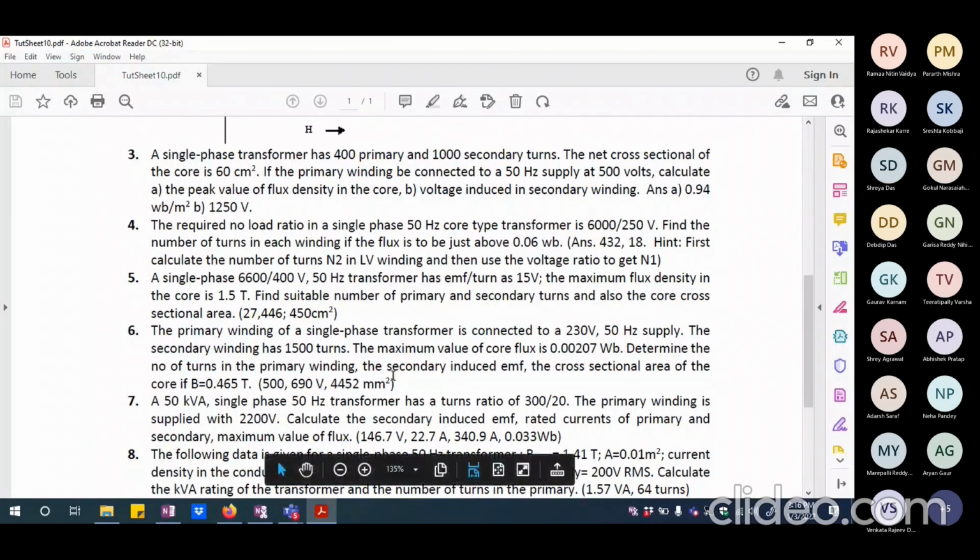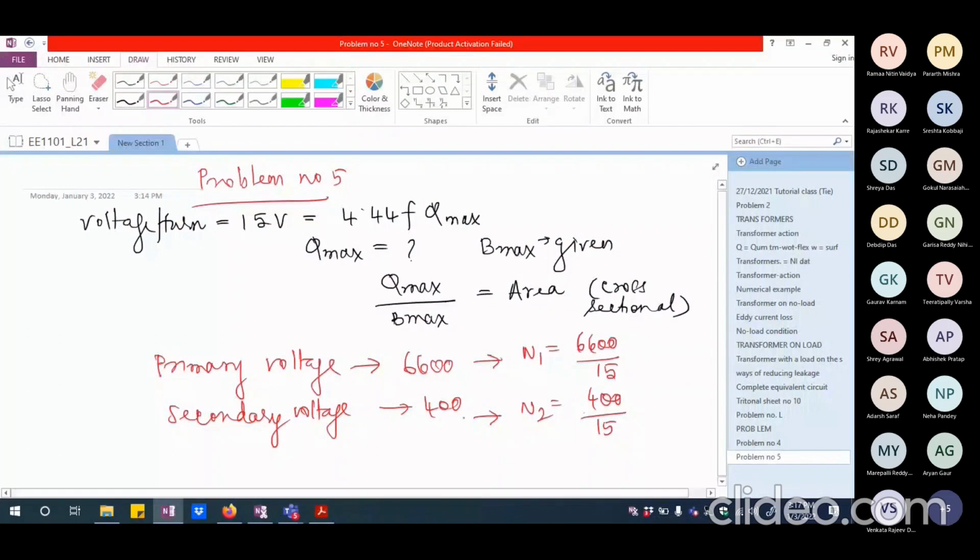Determine the number of turns in the primary winding, secondary induced EMF, cross-sectional area of the core if the flux density is so and so. So again, you are given a voltage, you are given the core flux, you are given the frequency. So you should be able to find the number of turns, right? 230 volts is given, 50 hertz is given, maximum value of flux is given. So you should be able to get definitely.